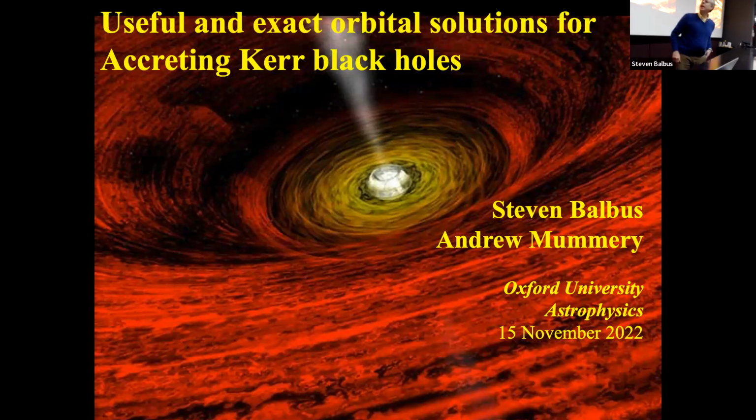So I'm going to talk today about some recent work that I've been doing with my student, Andy Mummery, on, well, interestingly enough, the talk today is going to focus on the orbits themselves of material, really of test particles around black holes.